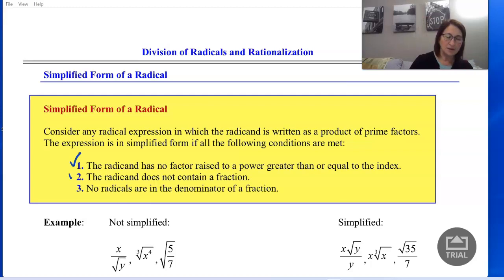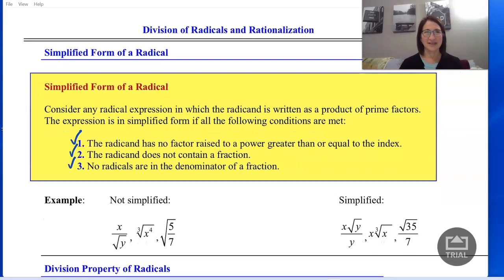Characteristic number two, the radicand does not contain a fraction. Characteristic number three, no radicals are in the denominator of a fraction.